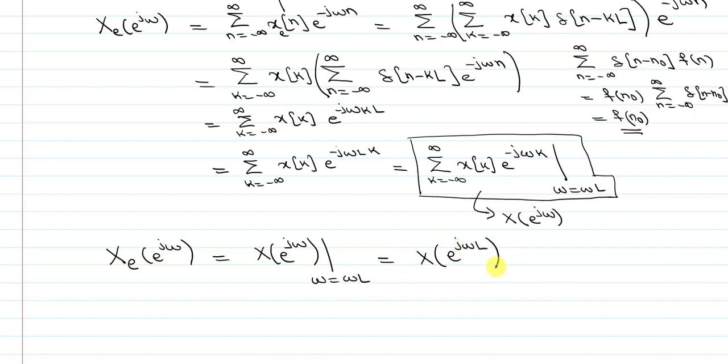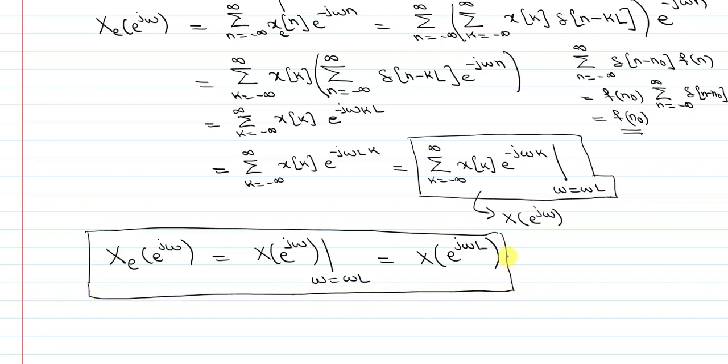So what that means is that when we use an upsampler, what that does to the frequencies of my original sequence is it simply scales my frequency axis by 1 over L. It effectively compresses my frequency axis. You can think of it also in terms of duality.